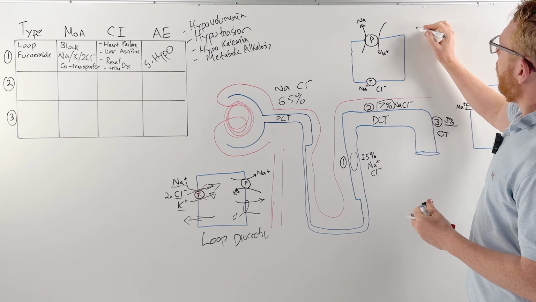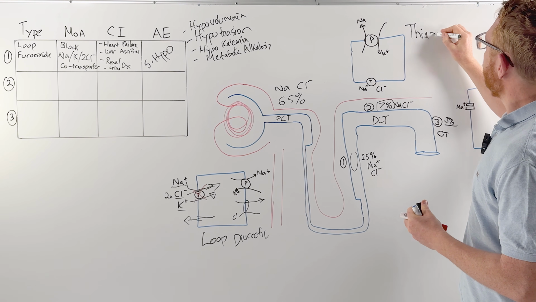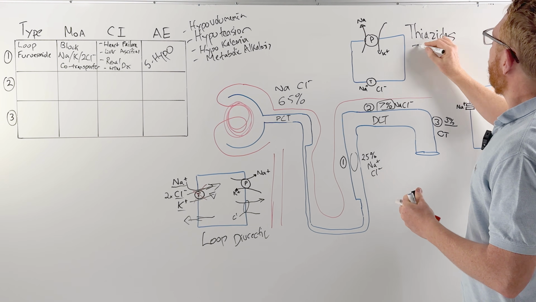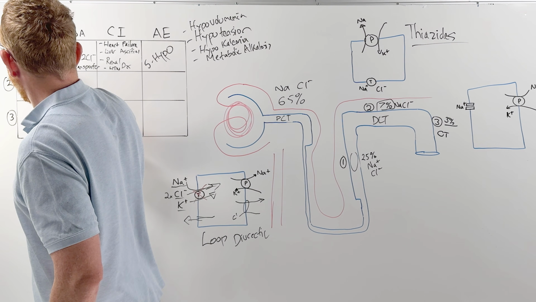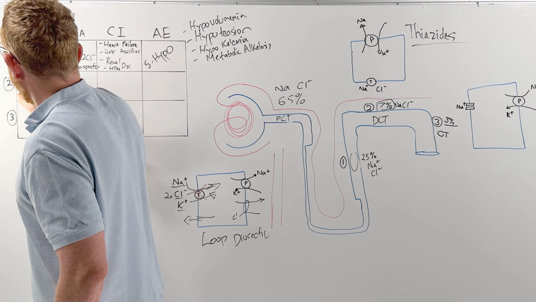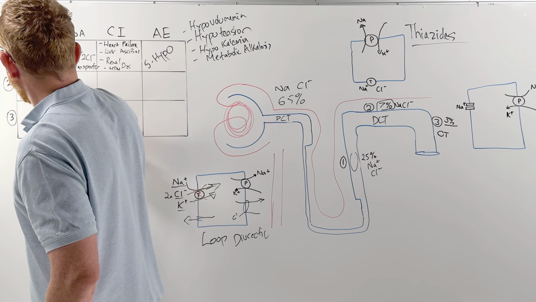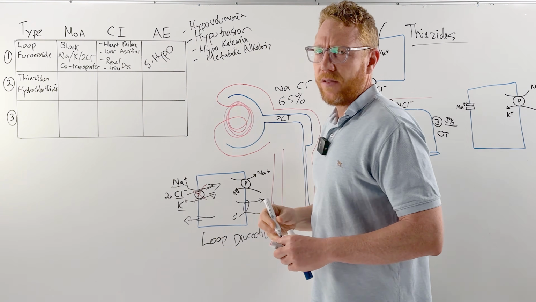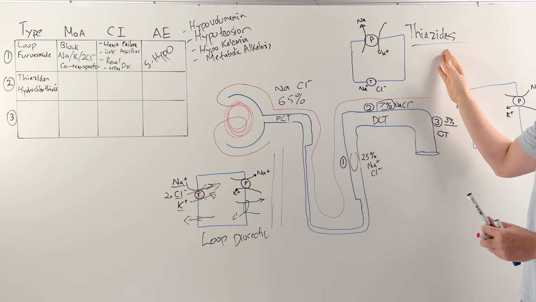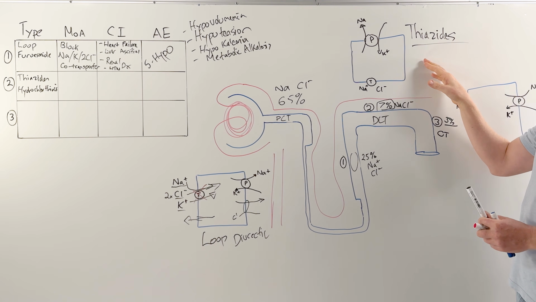These diuretics are what we call the thiazides. The thiazide diuretics, I'll write it in over here, thiazides. An example is hydrochlorothiazide. So that's an example of a generic drug, hydrochlorothiazide.